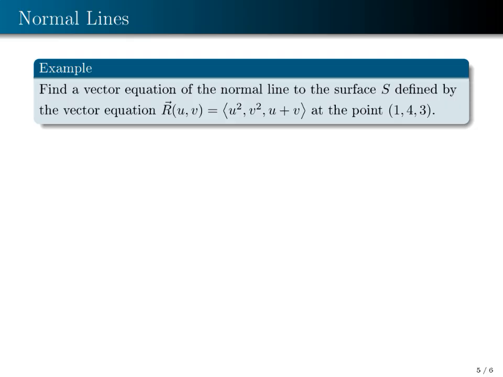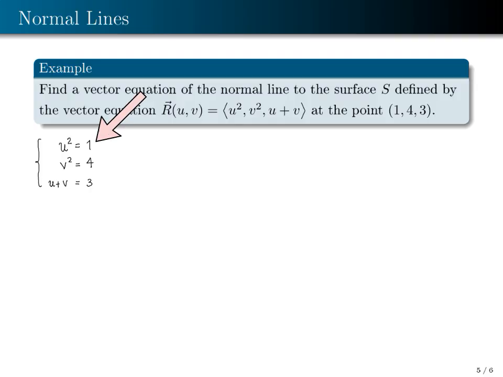Hence, we start by identifying the parameters u0 and v0. To do that, we equate u squared with 1, v squared with 4, and u plus v with 3. Hence, we get a system of 3 equations in 2 variables, u and v.